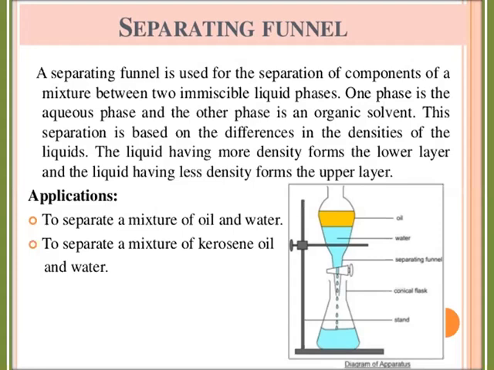In our next class, we will study physical and chemical changes: physical changes which result in formation of mixtures, chemical changes which result in formation of compounds or pure substances. With this, we will proceed in our next class. Thank you.